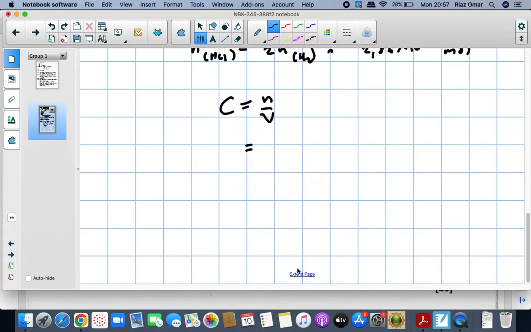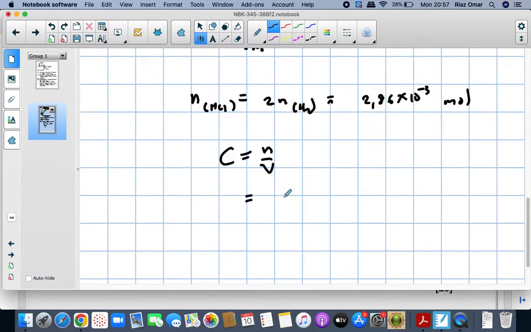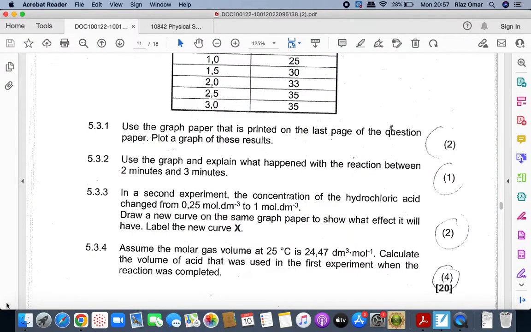So if you take it further, the number of moles we know is 2,86 times 10 to the minus 3, and you want to work out volume, and your concentration is 0,25 mole per dm cube.